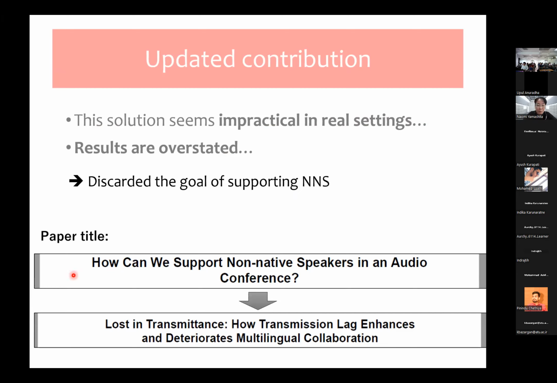The paper title was initially "How Can We Support Non-Native Speakers in Audio Conferences?" But we failed, right? So instead, we reframed the paper and said we want to see how transmission lags enhance and deteriorate multilingual collaboration.